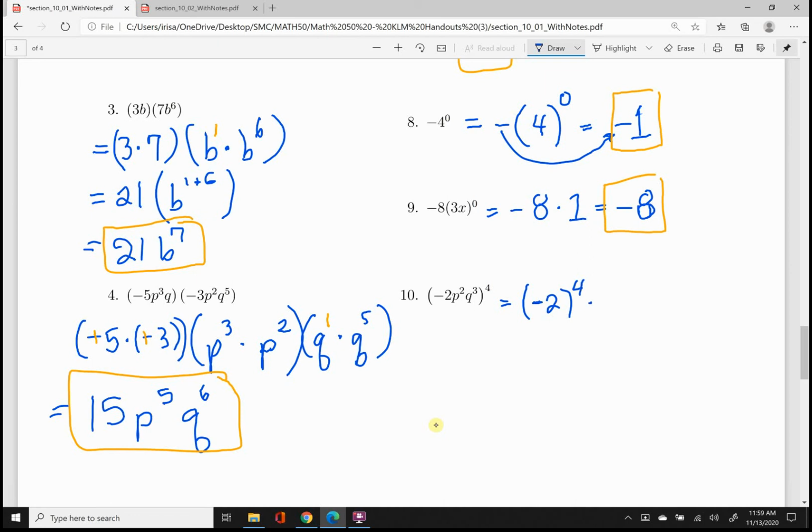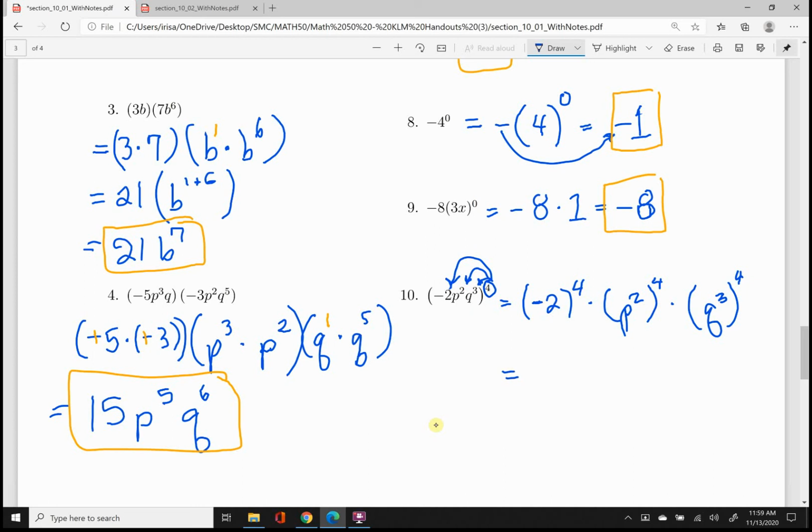Then you want to take p to the 2nd power and raise it to the 4th power. So yes, everything is getting a power of 4 on it, but the stuff that's already exponential expressions, you'll need to have a subsequent step in which you implement the power rule by multiplying the powers together in each individual factor. So what's -2 to the 4th power?